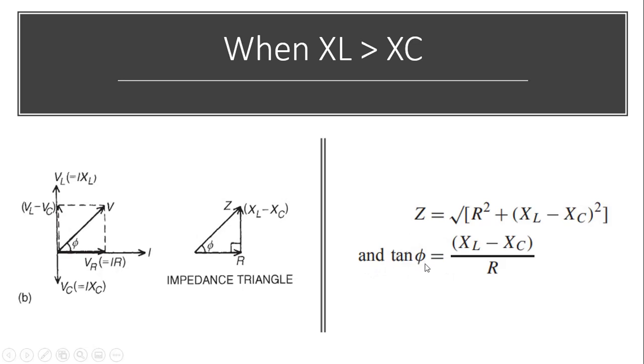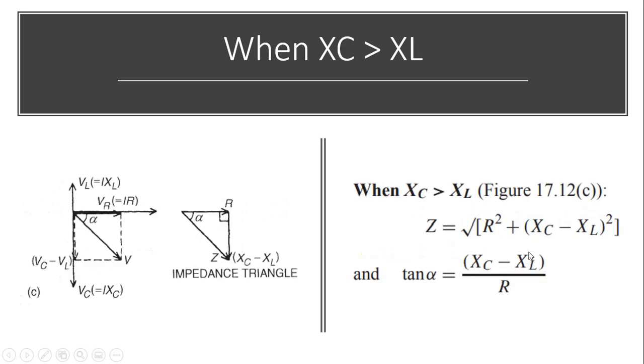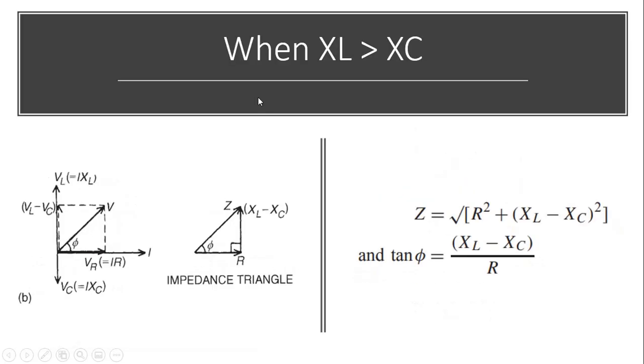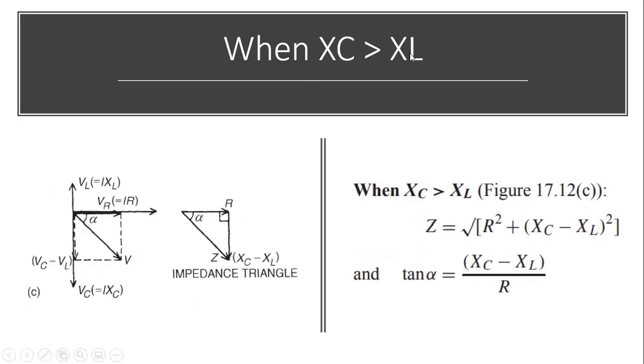We say tan phi of this angle is equal to XL minus XC divided by R. So this is the first option, and the second option is when XC is greater than XL.